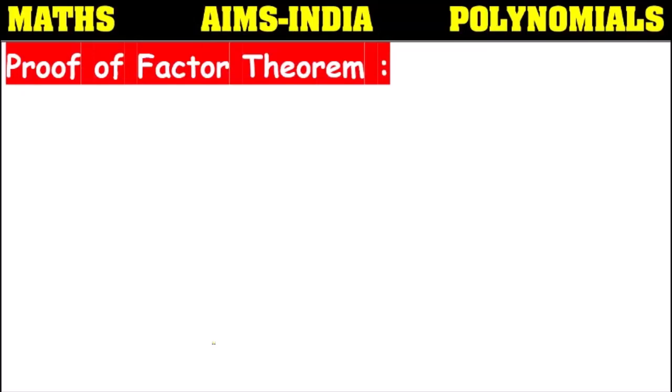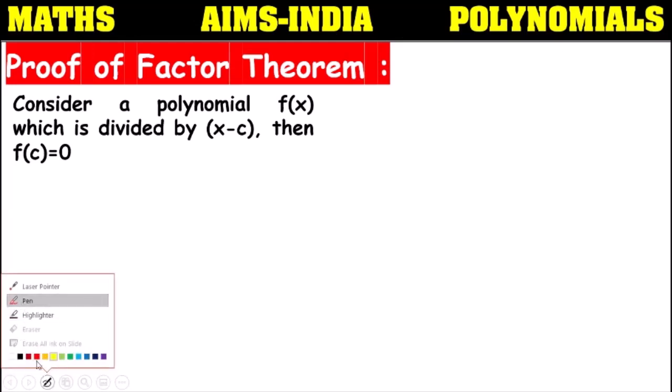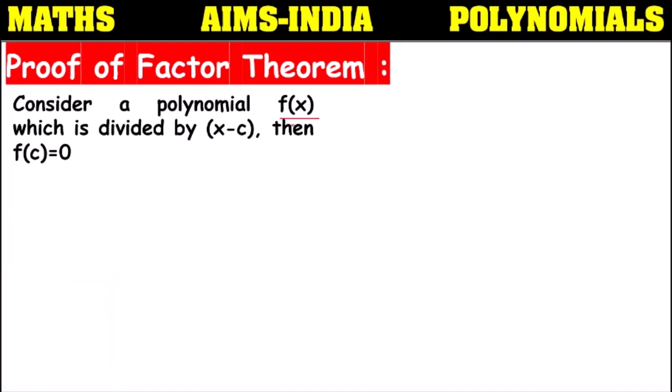So, proof of the factor theorem. Consider a polynomial f of x which is divisible by x minus c. Then according to the factor theorem, f of c should be 0.